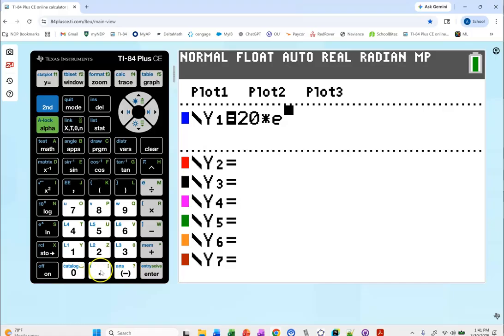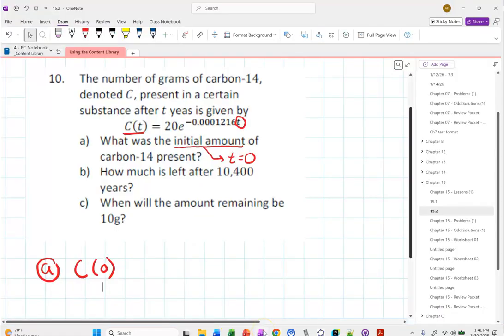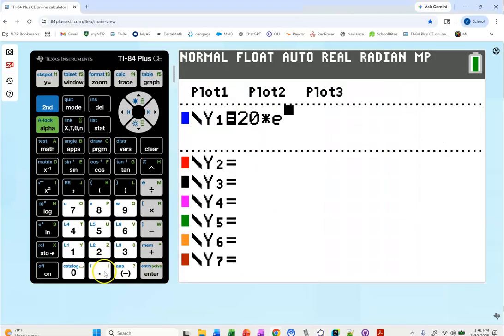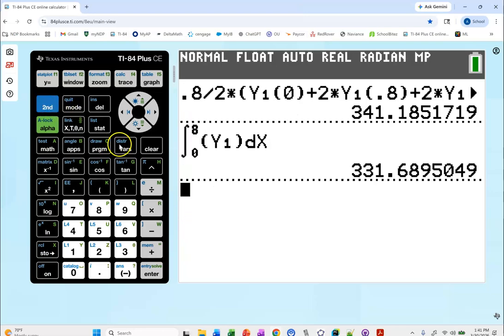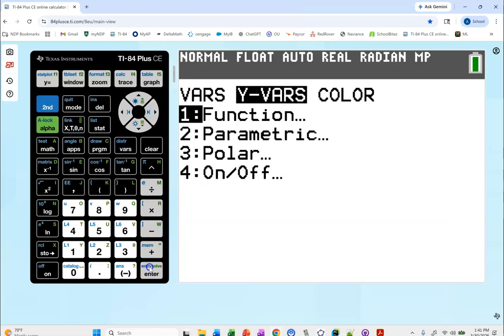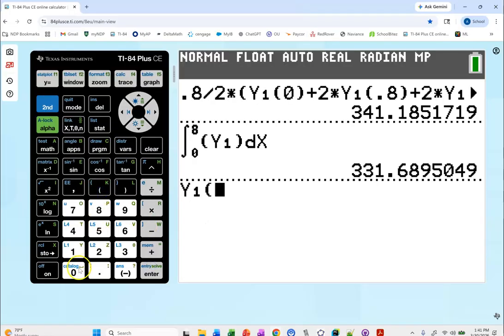Negative 0.00012116x. And if I then do vars, function, y1 of 0, that's just plugging 0 into that equation. I get 20.